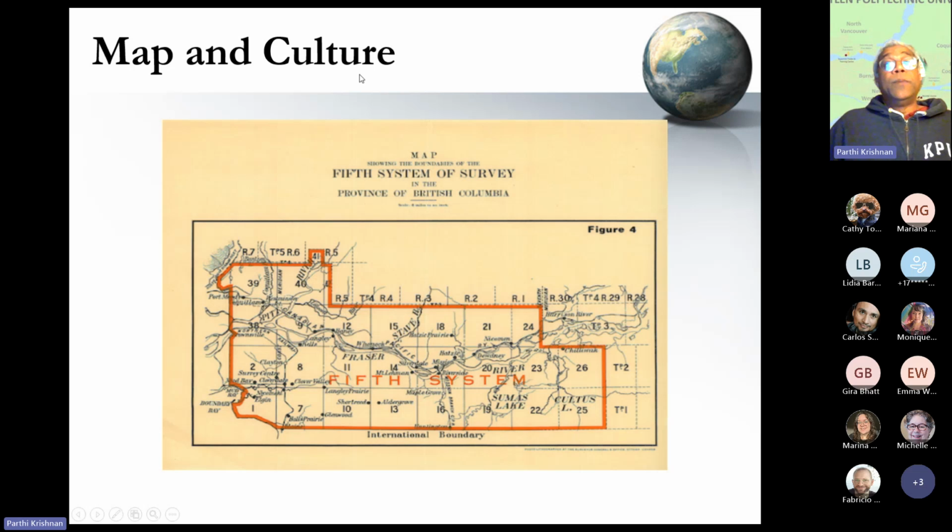So this particular image that you see shows the English grid system that was used in the Lower Fraser Valley region from 1859 to 1890. So one result of this grid system is how land is divided into sections and how major roads are spaced within the municipalities of Metro Vancouver.